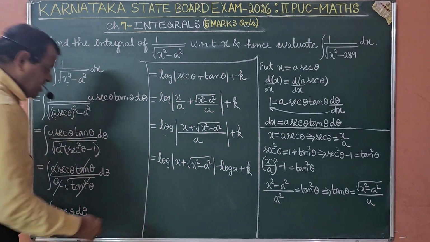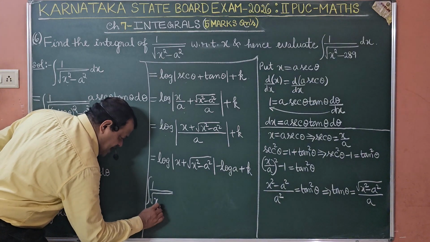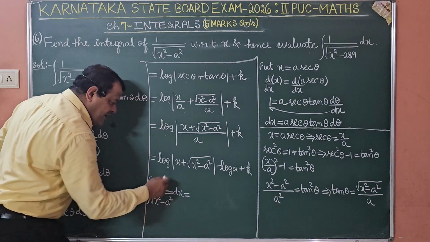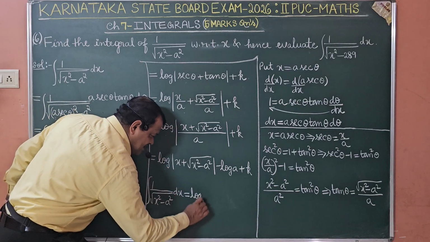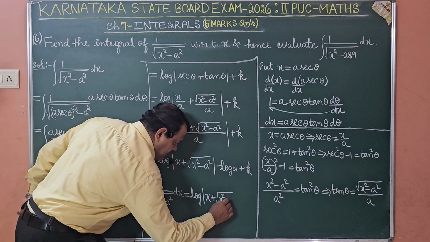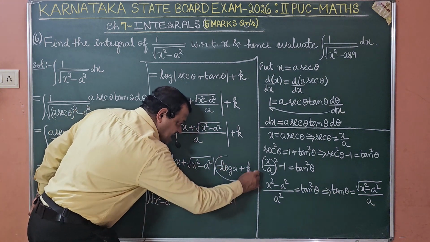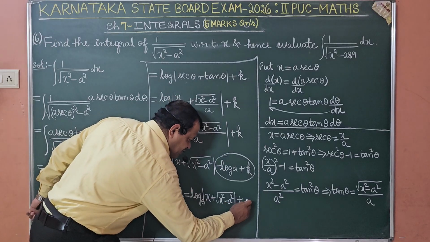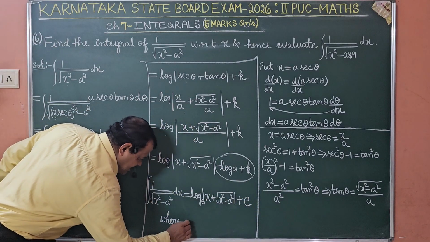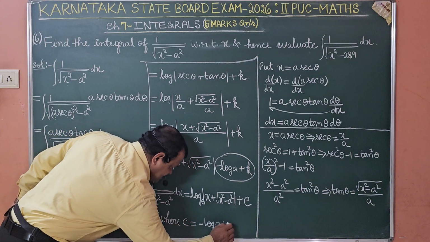Thus I will write here integral of 1 by root of x square minus a square dx is equal to, the formula is log of mod of x plus root of x square minus a square base e, and this minus log a plus k is constant of integration c. Where what is c? Constant of integration c is minus log a plus k.